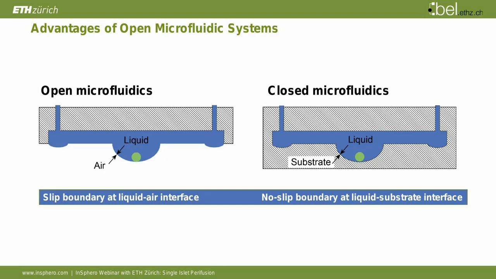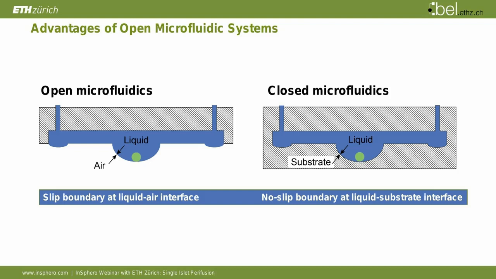Now, what is the advantage of having an open microfluidic chip system versus a closed one? On the left-hand side, you can see an open microfluidic chip architecture, such as the hanging drop chip. We have here a liquid air interface, which gives us a slip boundary condition, meaning that the molecules are dragged with the flow from this liquid air interface directly to the outlet port in a rather rapid fashion.